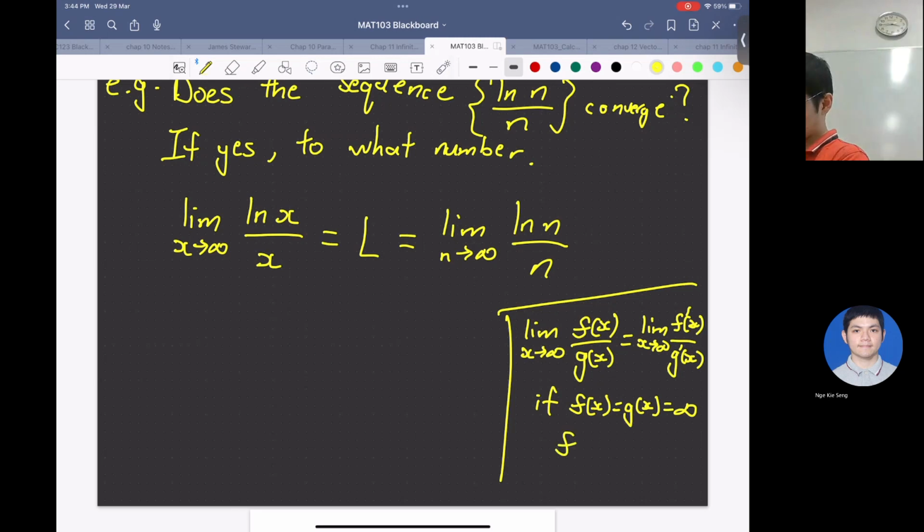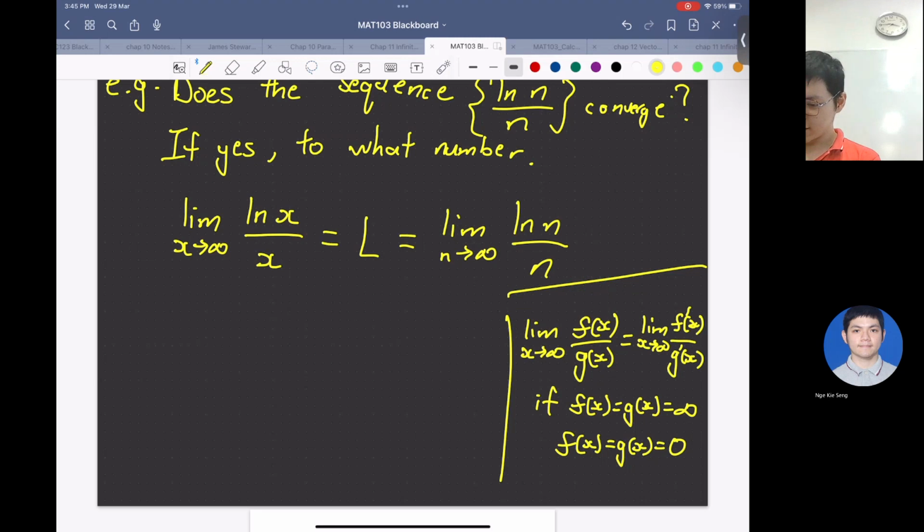Both equal 0. If f(x) is 0, g(x) is infinity, then you get 0 over infinity. Does it include infinity over 0 or not? No. So this is the L'Hopital rule. By the way, I will check if it is wrong or not, but I think it's pretty correct. Just recall.